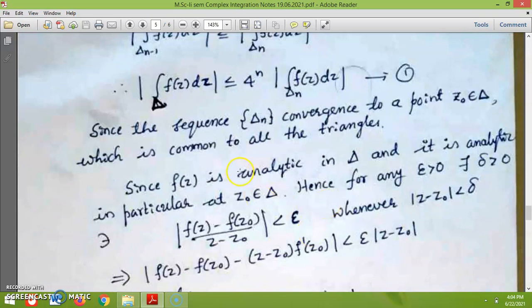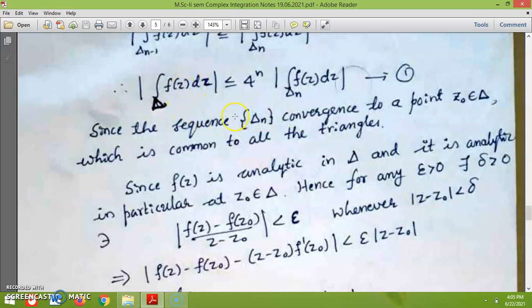Now this sequence always, now we have a common point in that triangle. That common point is z0, which is the center of all of them. It means it is common to all the triangles.